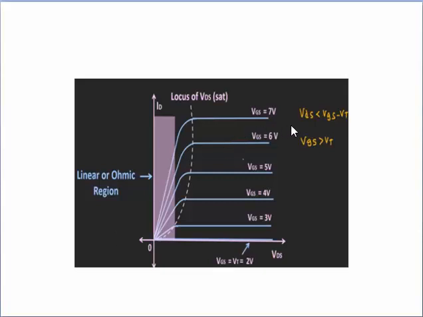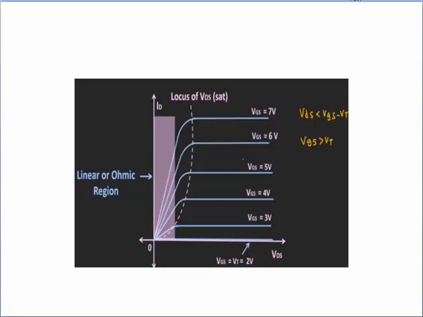Whenever VDS is less than VGS minus VTH and VGS is greater than VT, the threshold voltage, then the MOSFET is operated in the linear region, and in this region it can be operated as a voltage controlled resistor.